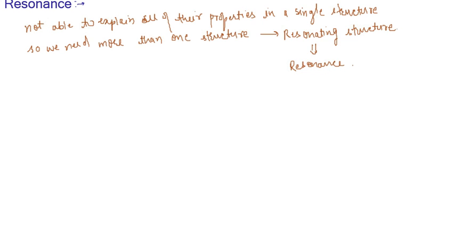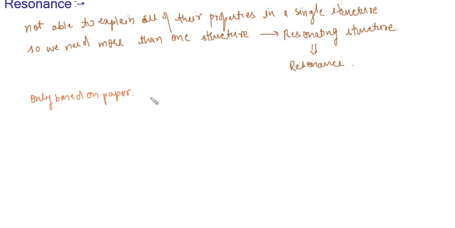So when they are not able to explain all the properties in a single structure, then there are more than one structure which are able to explain. These are known as resonance. It is only based on paper. It is not like the structures are combining in a solution.